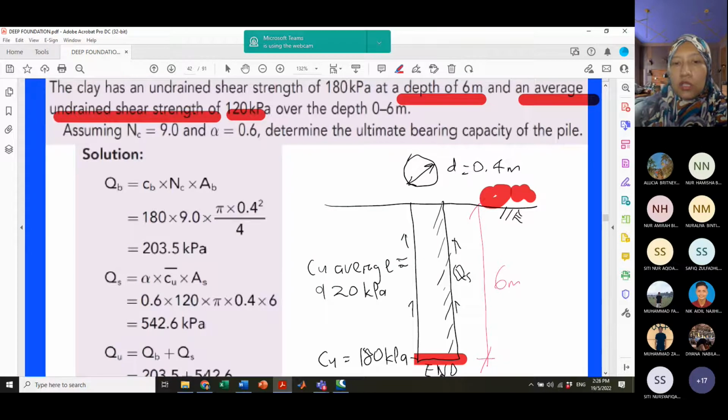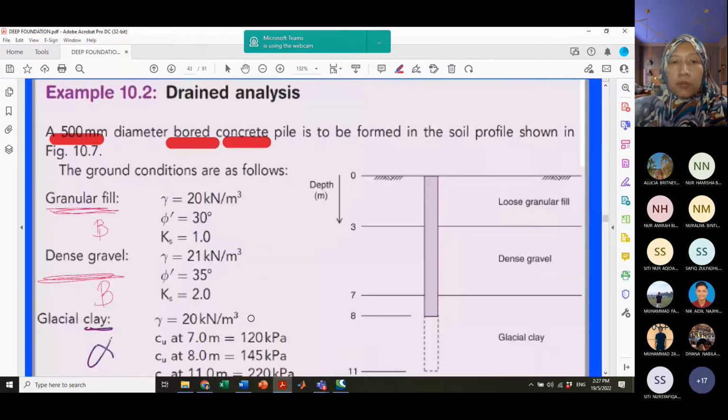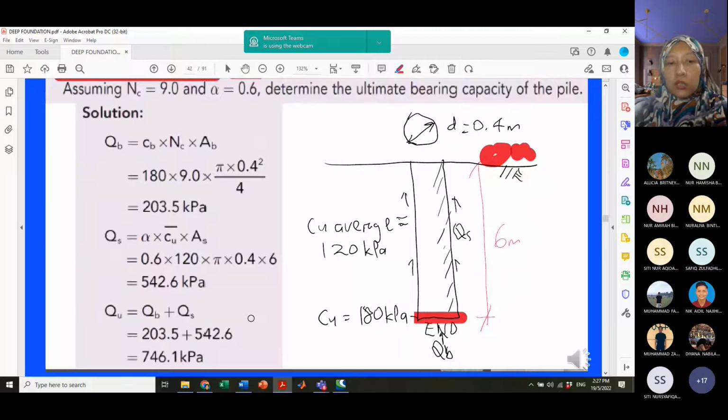So automatically it gives you the idea that for QS we put in 120 in this term, and alpha equals 0.6. AS is the pi DL, L is the embedded length. So you will get 542.6 kPa. And then we total up QB and QS, so you have 746.1 kPa.